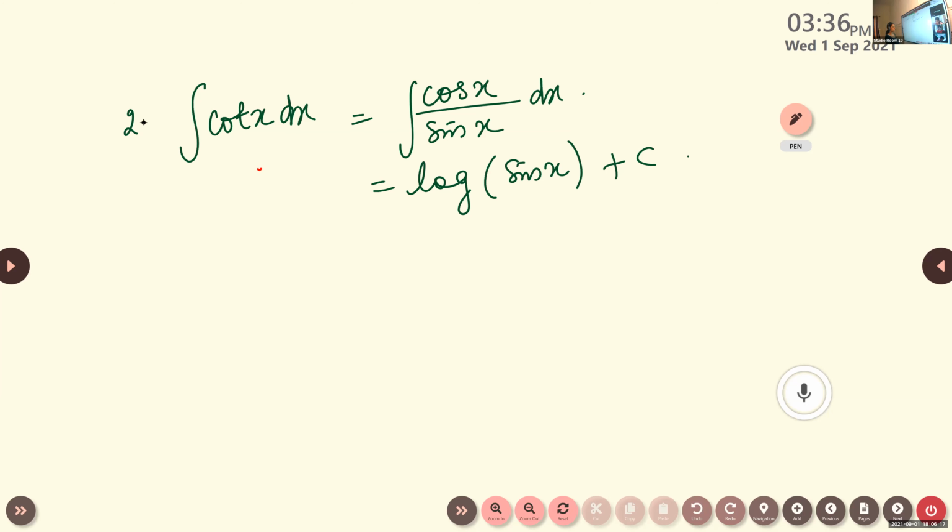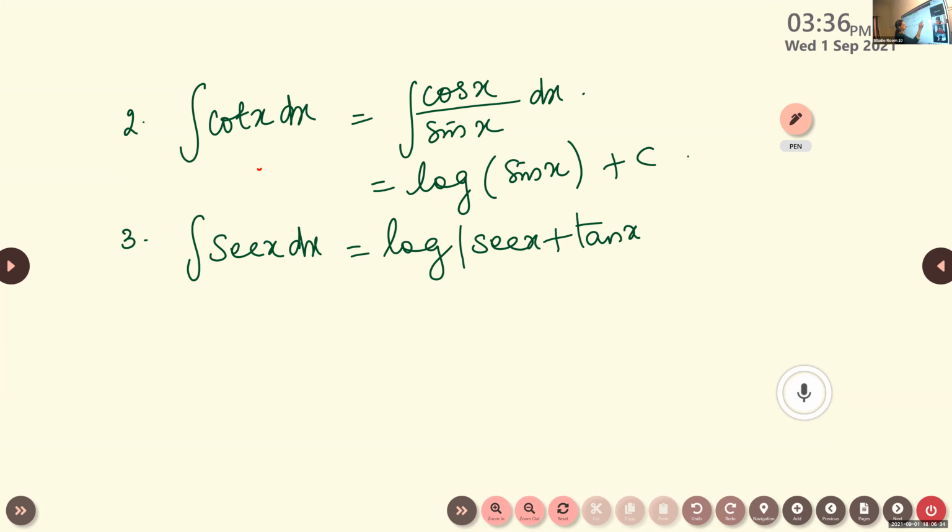The next two formulas, listen children. Integral of sec x dx is log sec x plus tan x plus c.